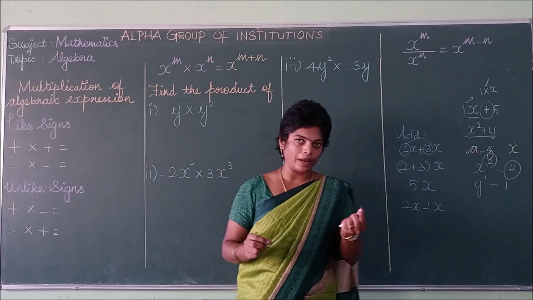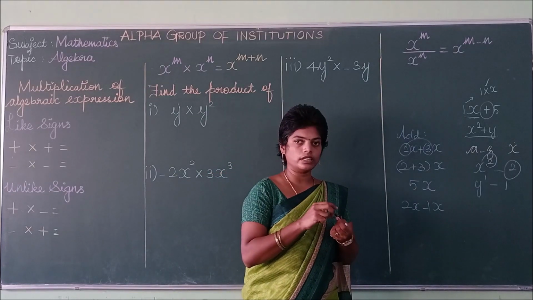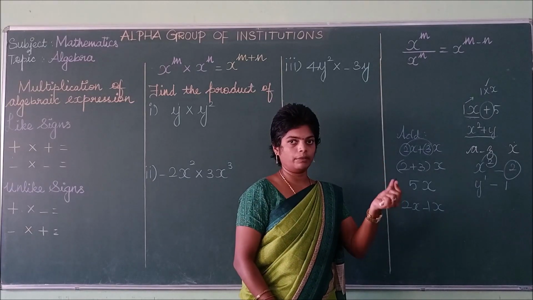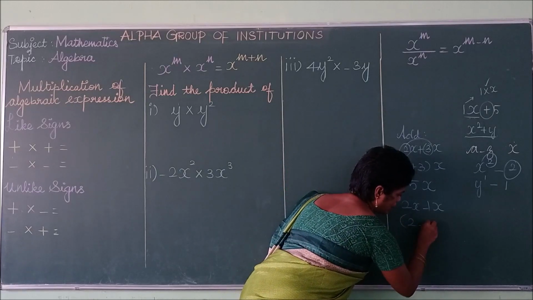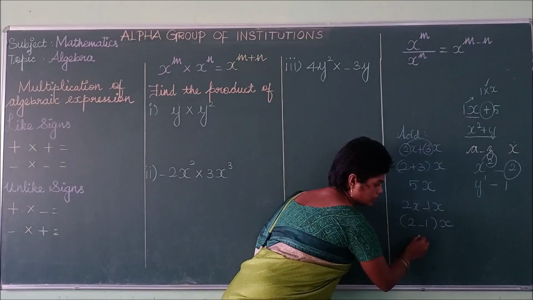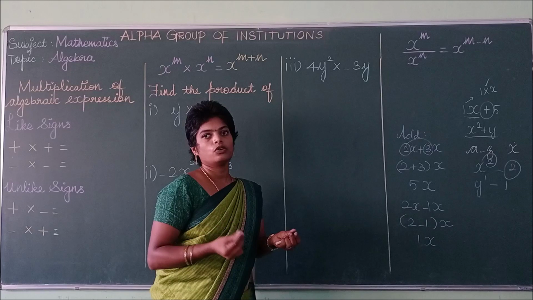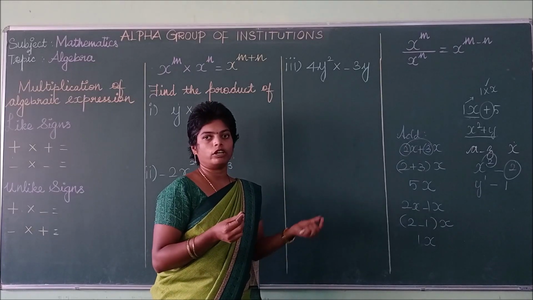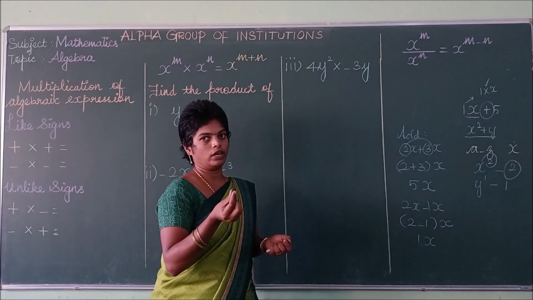So from these two black coins you can take one, which means the remaining is only one term. So 2 minus 1 into x. 2 minus 1 is what? 1. That only we got in this result. So I am taking two chess coins. Now I am going to take one from that. If we take one from that, the remaining term is 1 only.